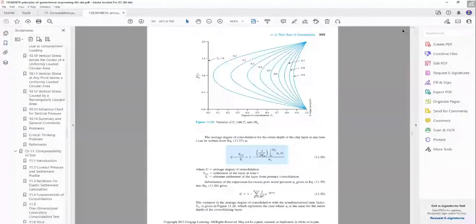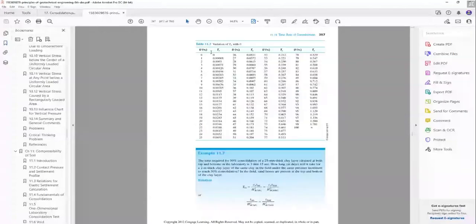Degree of consolidation: how much consolidation has occurred at a particular time. That is correlated with the degree of consolidation and the time factor.